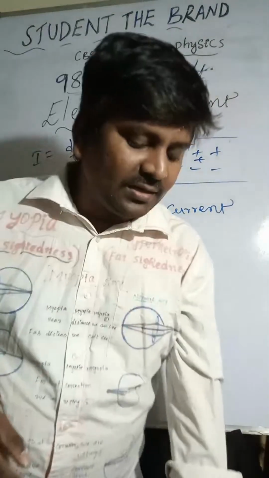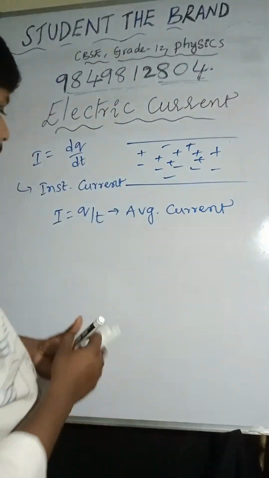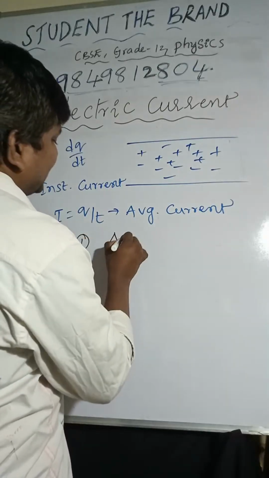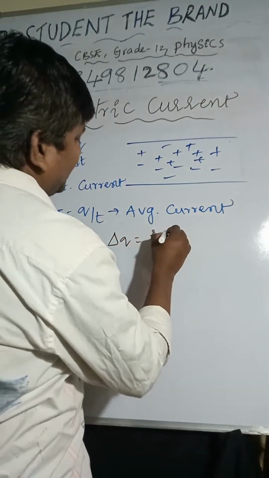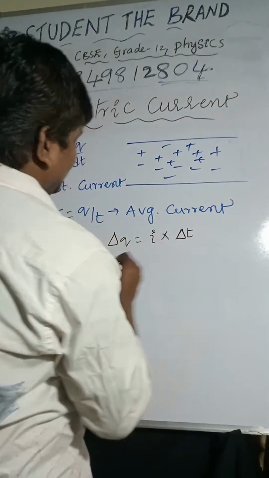And here there are three points. Point number one: the flow of charge can be obtained by multiplying current and time interval.